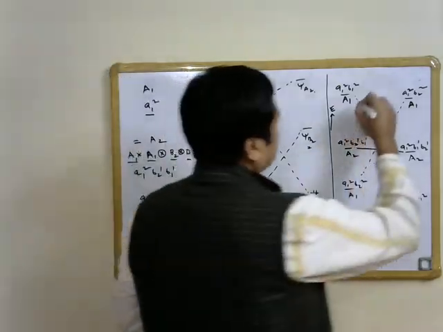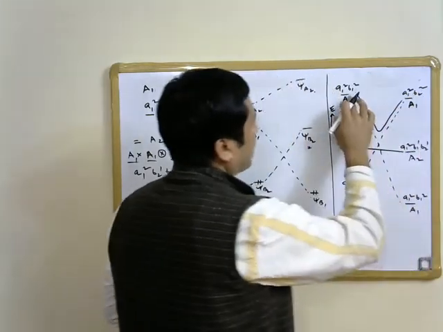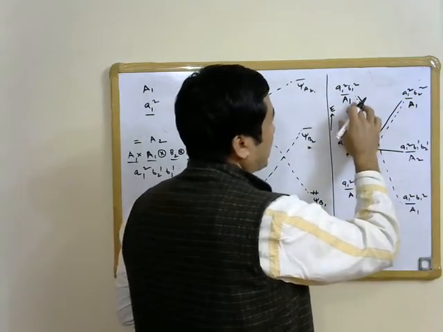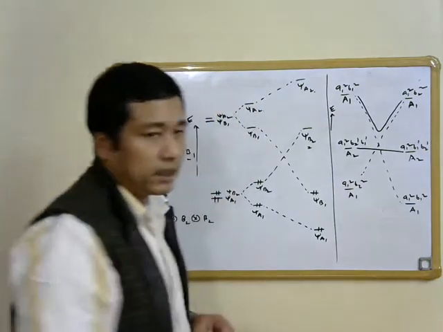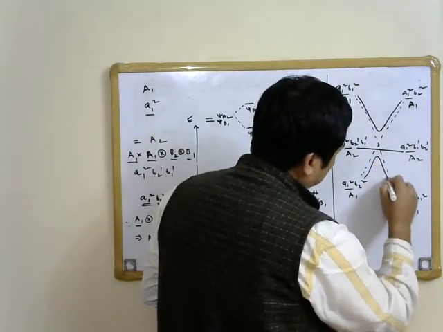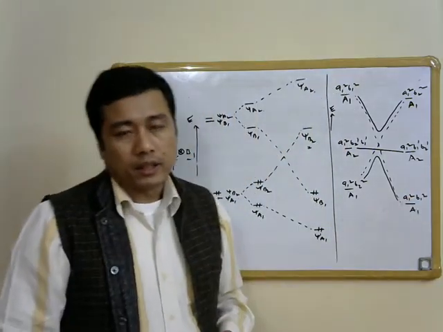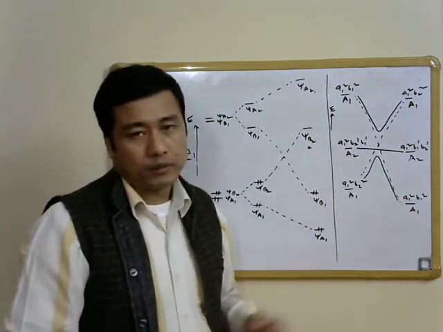Instead, we have to correlate the excited state in the reactant with the excited state in the product, and the ground electronic state of the reactant with the ground electronic state in the product, in this particular fashion.